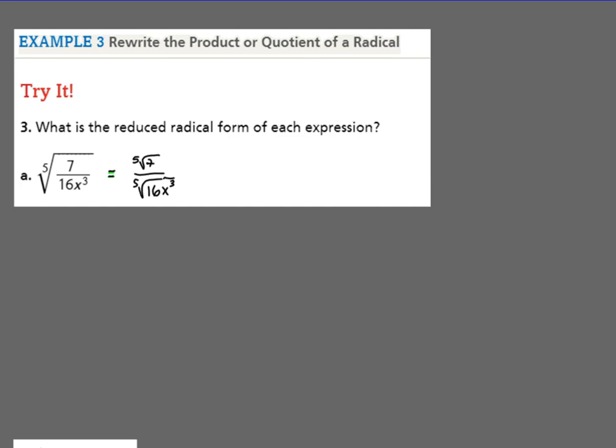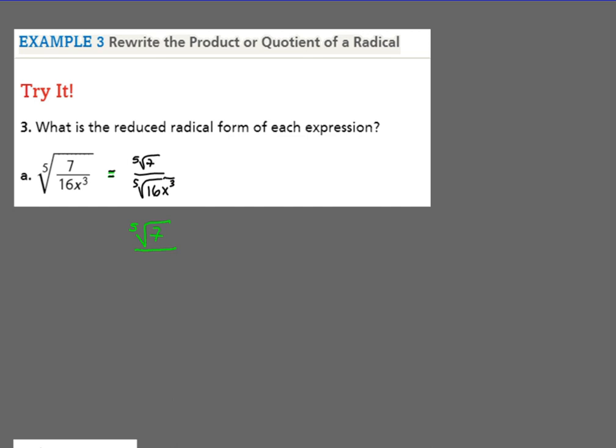Okay. Now I'm going to write this in a special way. This is where it gets a little bit more confusing. I'm going to leave the fifth root of 7 up top. Okay. And I have to rationalize this denominator. I don't like the fifth root down here. Just like we don't like square roots in the denominators, we don't like fifth roots in the denominator. So what I need to do is to get rid of that.